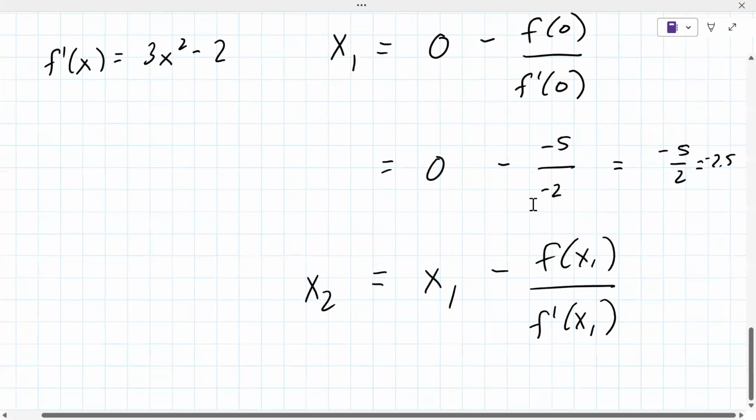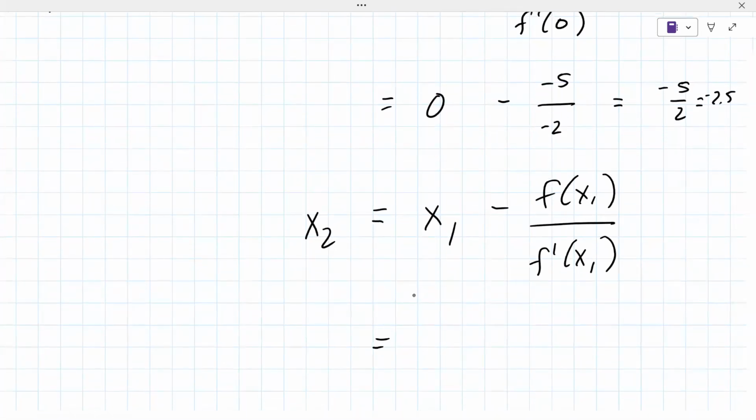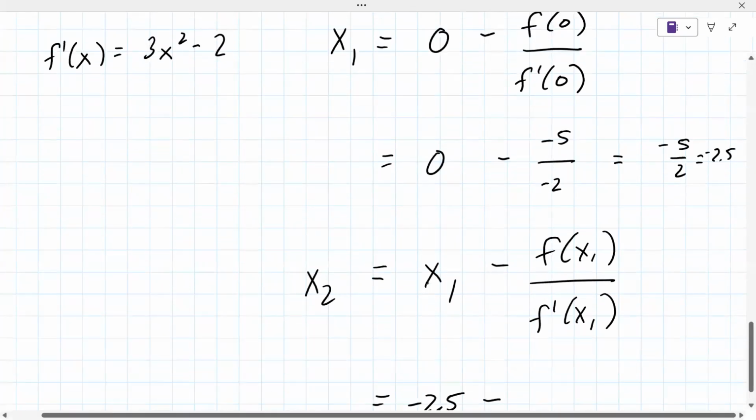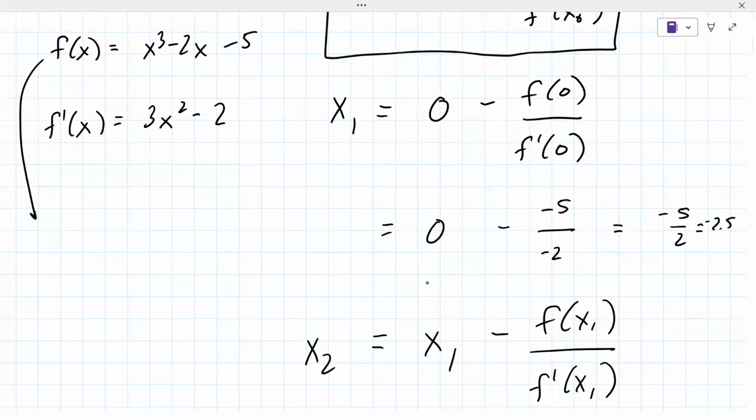And we know that it is minus 2.5. f of x1 we do have to calculate. So you've got to go back here and find f of minus 2.5 and f prime of minus 2.5. I'm gonna use the calculator for both of those because why not? You don't push your car, you get in it, you drive it.